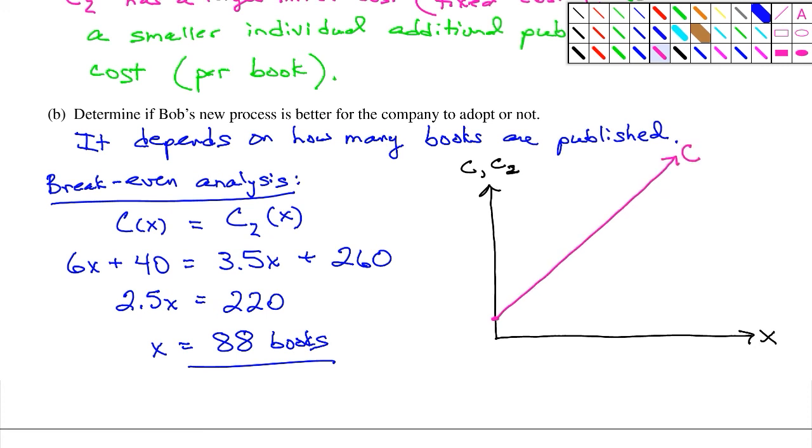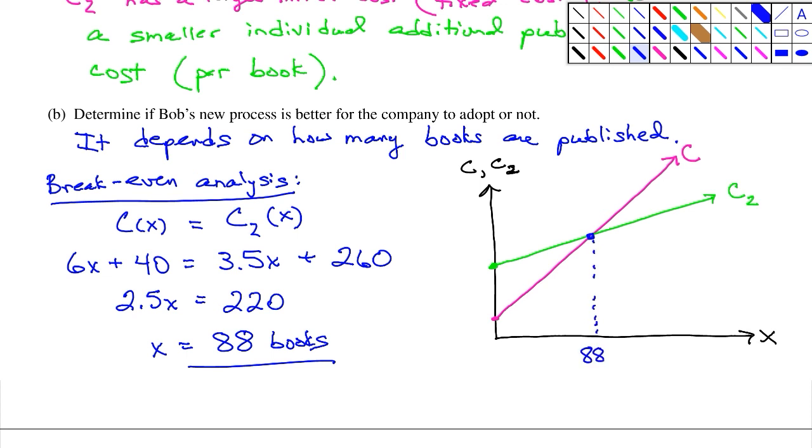And that's C. And then I'm going to graph C2, and C2 had a much higher initial value, so that's the y-intercept, but it had a much shallower slope. So it doesn't have the same kind of rise that C does. So that means they eventually cross. And where do they cross? Right here. That's the break-even point, which is 88 books.